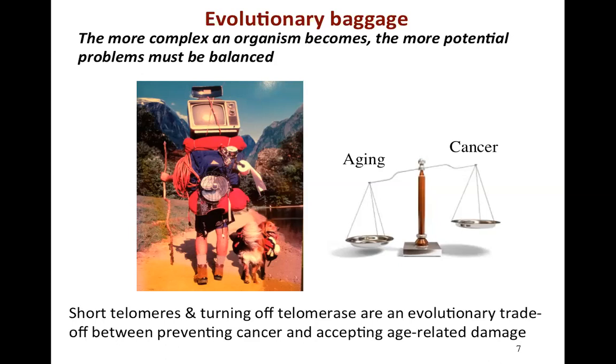But of course, a big part of that is the fact that in our fully differentiated cells, the telomerase is turned off. The telomerase is active in stem cells that need to constantly rejuvenate or replenish themselves, right? But in normal differentiated cells in our body, the telomerase is turned off so that the shortening of the telomeres can be used as a clock.